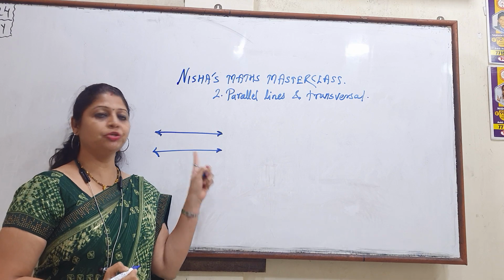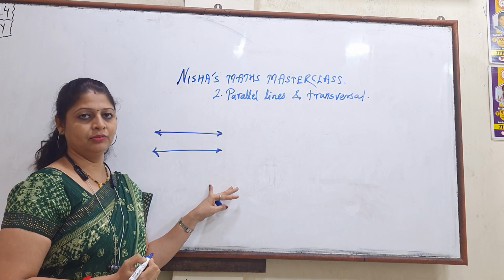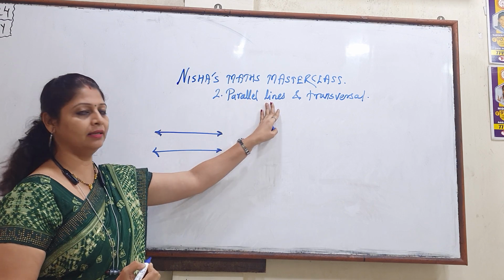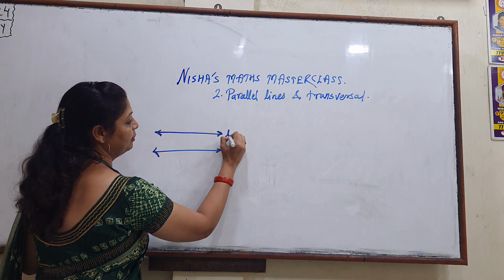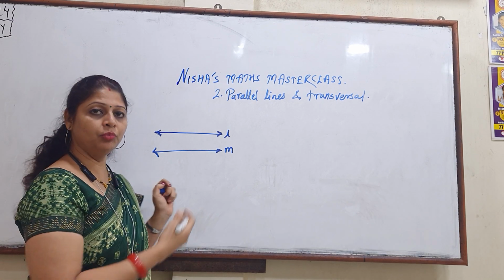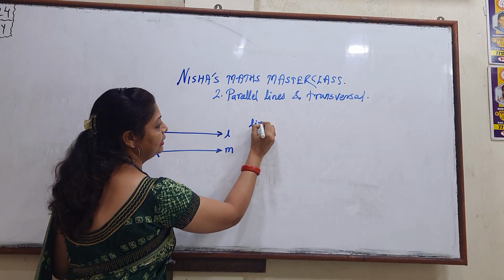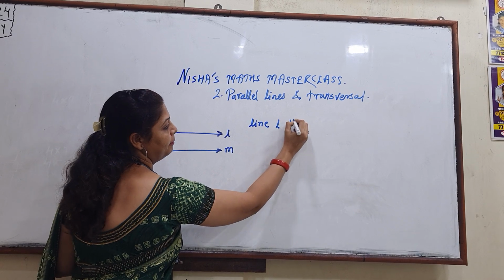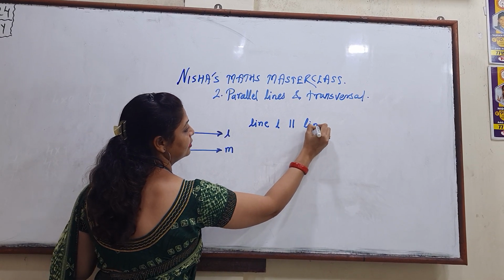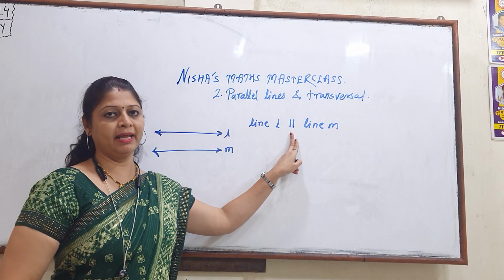Two lines which do not intersect each other, both lying on the same plane, are called parallel lines. Now I label them L and M. How to write that both lines are parallel? In mathematics we write line L parallel to line M. This is the symbol of parallel.